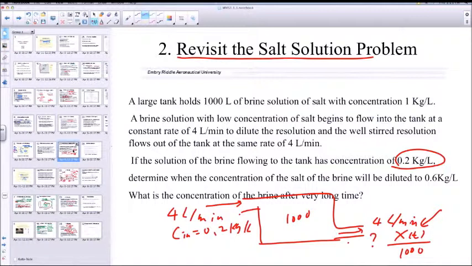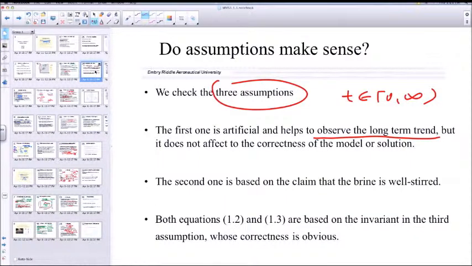What does that mean? That means you have a unified concentration, mixed very well. Then how do you know that? Oh, the keyword is well stirred. It told you that it is well stirred. That's important. That justifies your second assumption.